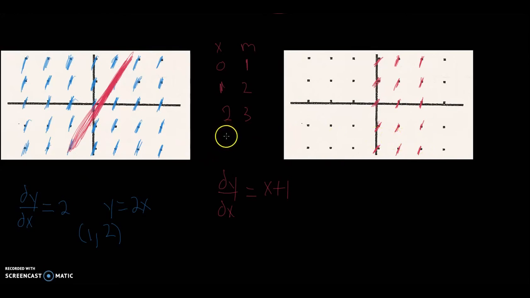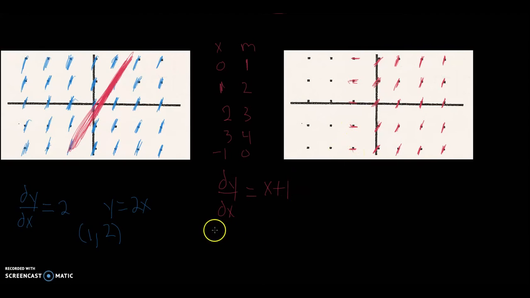If x equals 3, our slope is going to be 4. It's kind of hard to tell what's going on over here because these look pretty steep to begin with. And if x equals -1, our slope is 0. So it's 0 all the way across all of these.